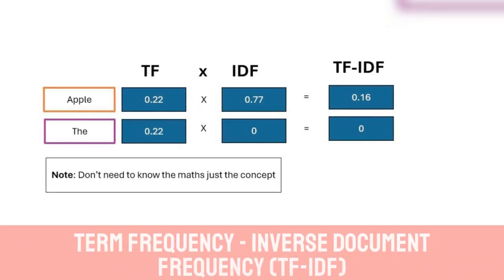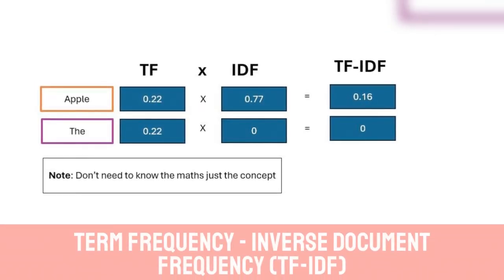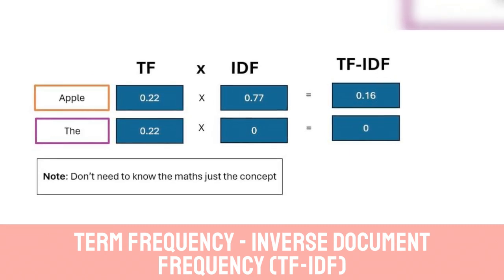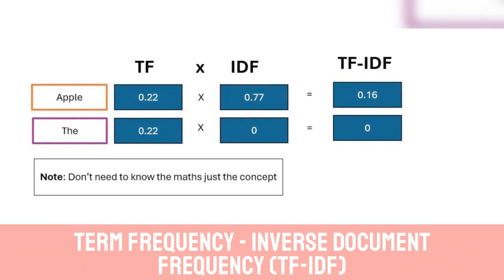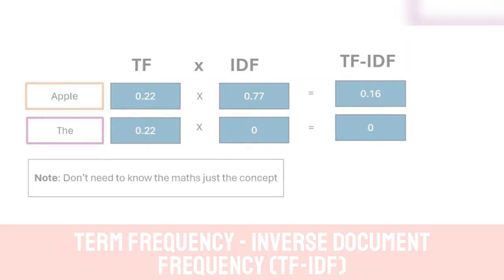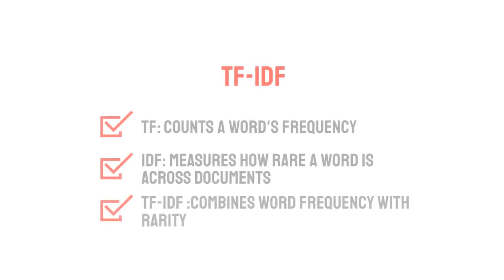The final TF-IDF score is calculated by multiplying these two values together. A word gets a high score if it appears frequently in one document, high TF, but rarely in all other documents, high IDF. This is how a machine can identify the most unique and important words in a text.